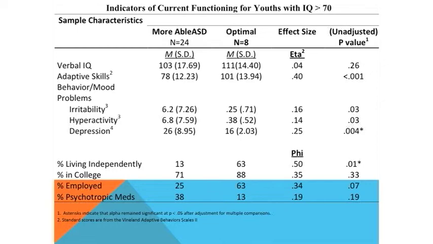But the reality is one of the discriminating factors here between the young people with high IQs who are not doing as well with ASD and those who are doing better are these other factors, the irritability, the hyperactivity, and the depression. And you could argue what comes first, and I don't know, but it's a real factor.